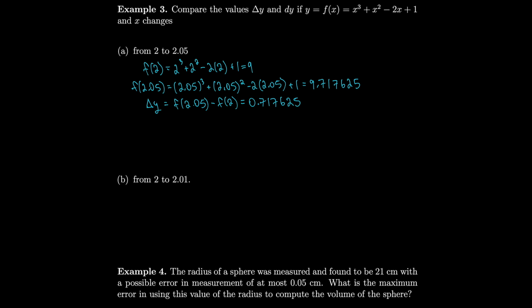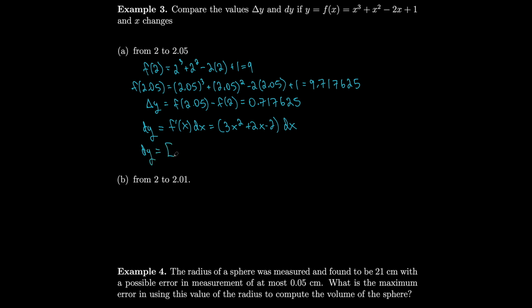If we want dy, by definition, that's f prime of x delta x. So that equals 3x squared plus 2x minus 2 when we take the derivative. And we want to know what it is in this case.